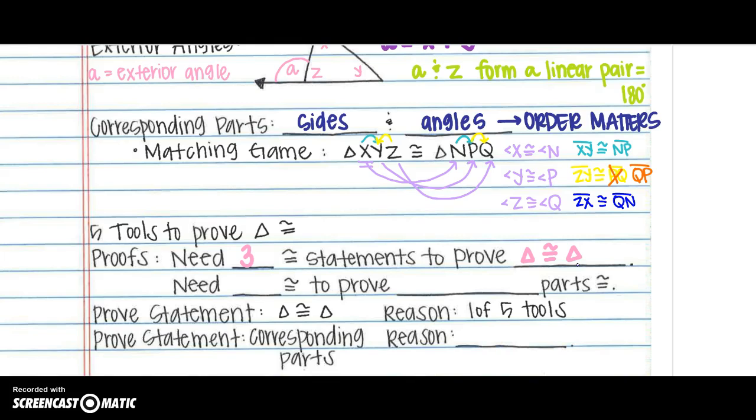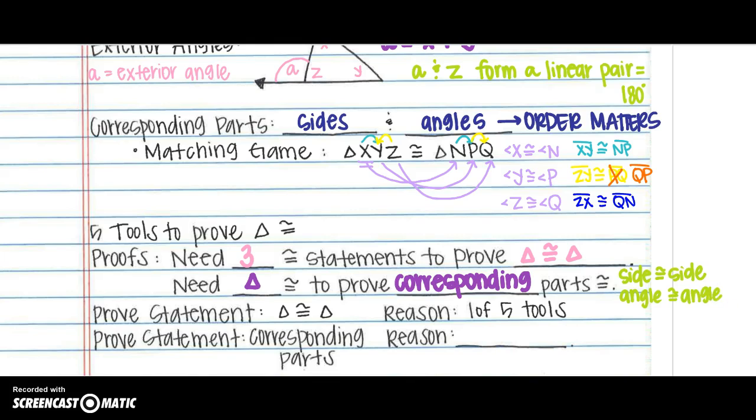So when we have triangles, we need triangles congruent to prove corresponding parts. So that may mean my side is congruent to a side. Remember, I have to prove triangles congruent first, or an angle is congruent to an angle. I have to prove triangles congruent first. So make sure that happens.